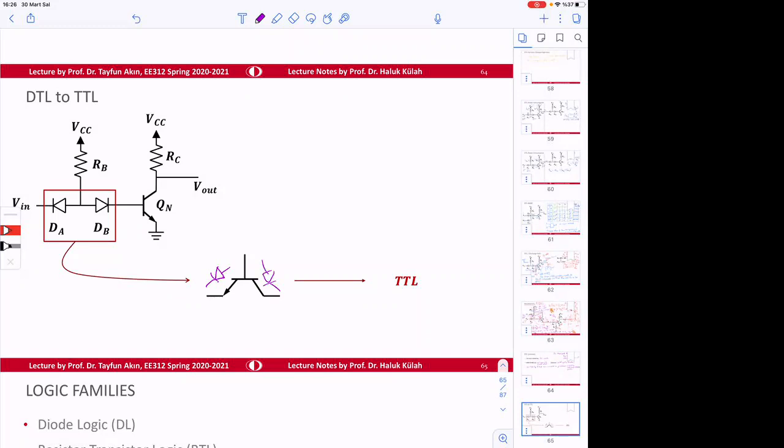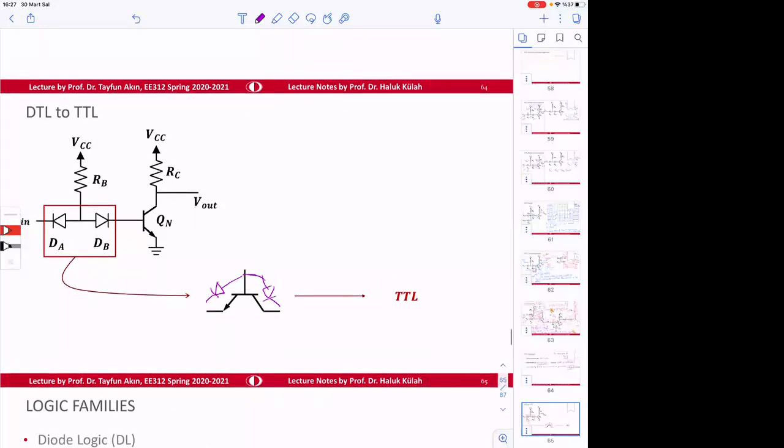So this is the idea initially maybe, and later on we see that this has many advantages also. This is how you can implement a gate.